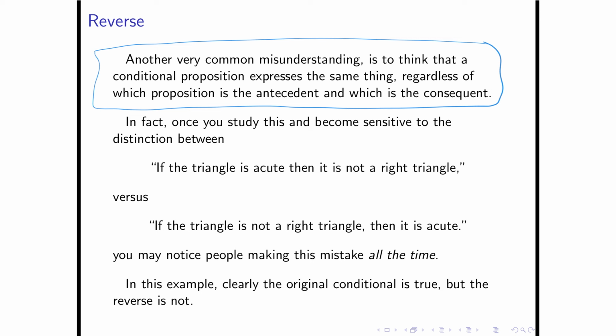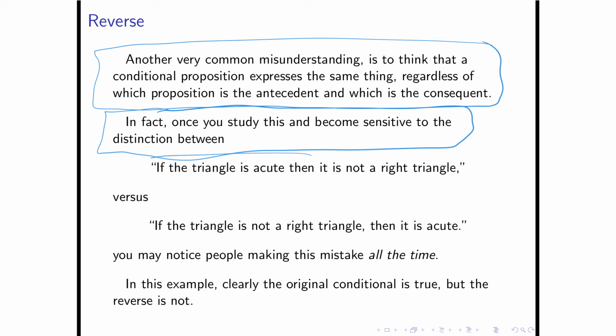I know that I have in fact noticed people in political debates and other scenarios demonstrating this misunderstanding all the time. And so if you become attuned to this issue, you may start noticing people around you making exactly this confusion very often in natural everyday life.